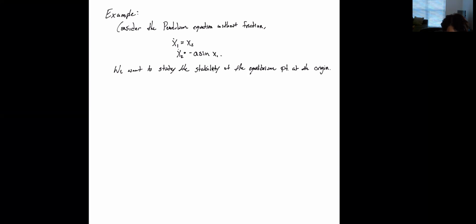So in this regard, a natural Lyapunov function is the energy equation for this pendulum.